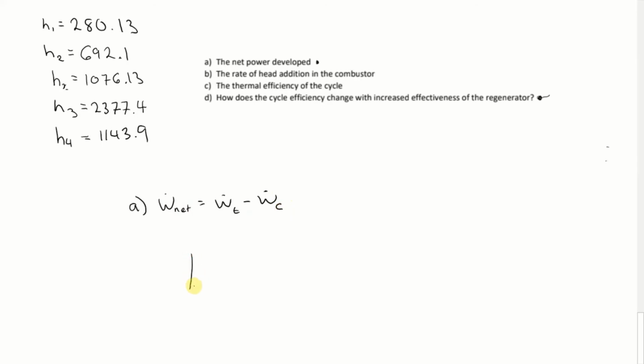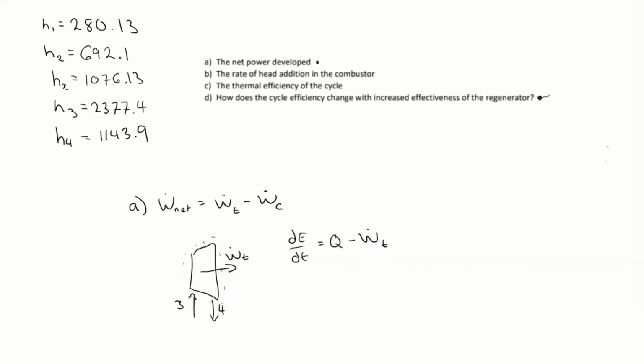So the turbine power: we have state 3 going into it and state 4 exiting, and we're producing our turbine power. When we write out the first law for this control volume, we get change in energy with respect to time is equal to Q minus turbine power.